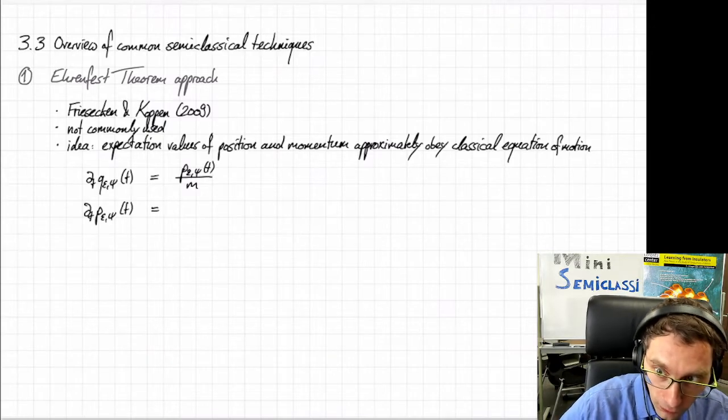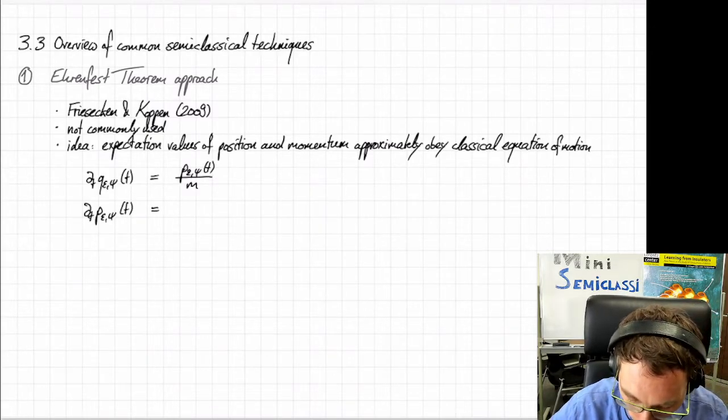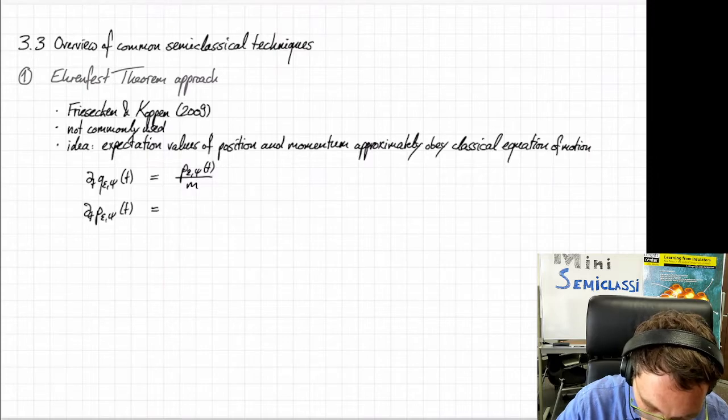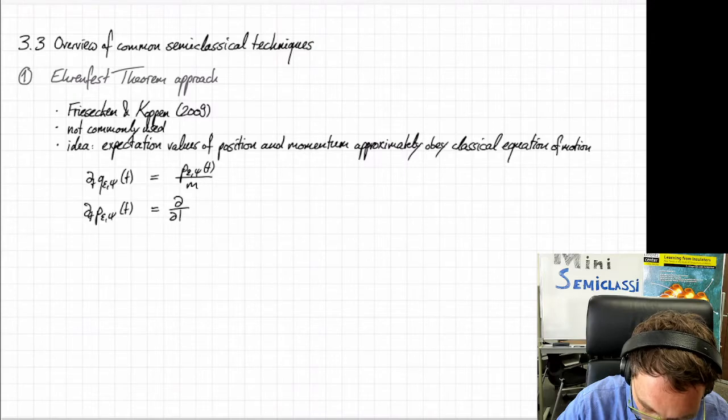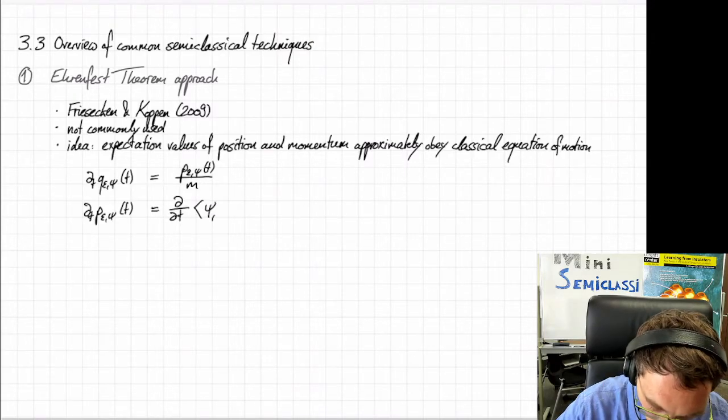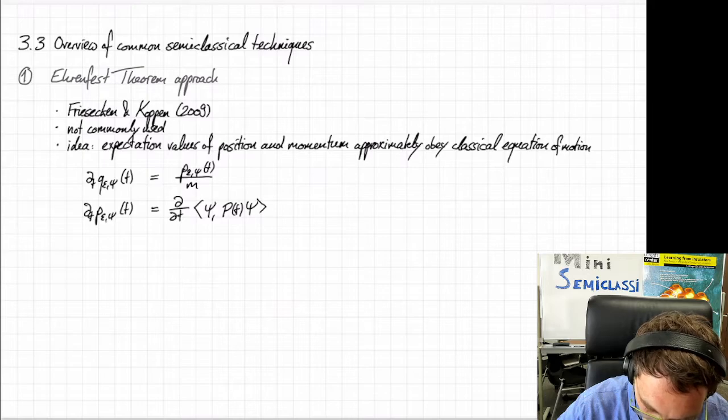I can compute this exactly. So this is just the time derivative of the expectation value of the momentum operator with respect to psi.